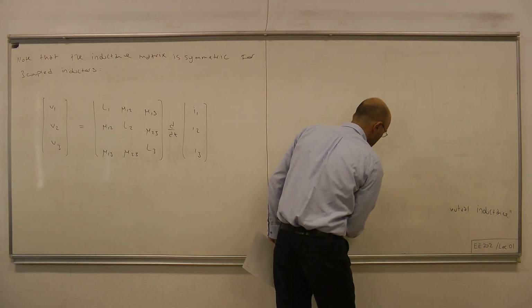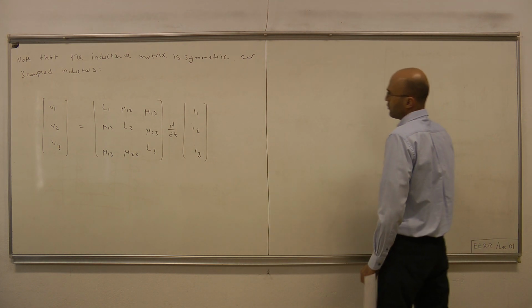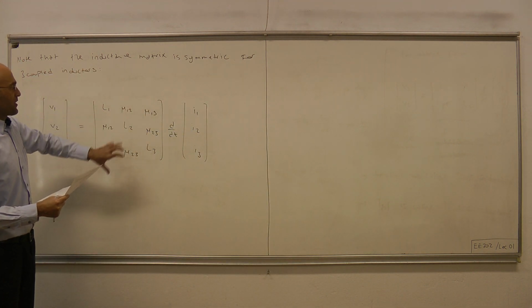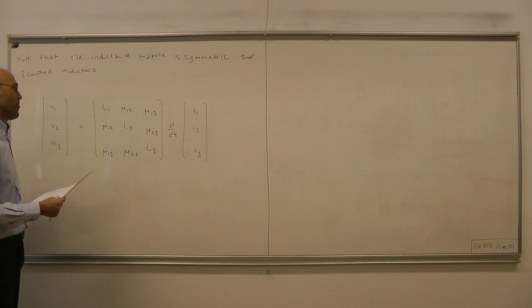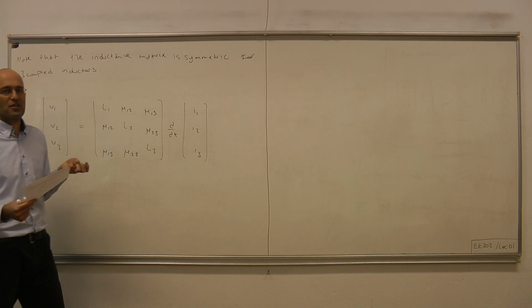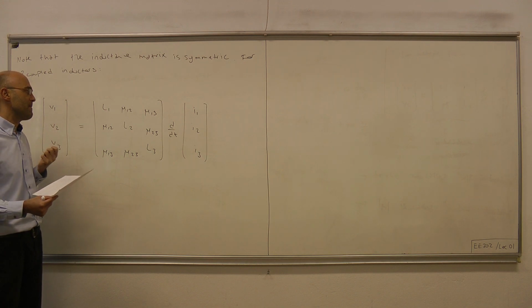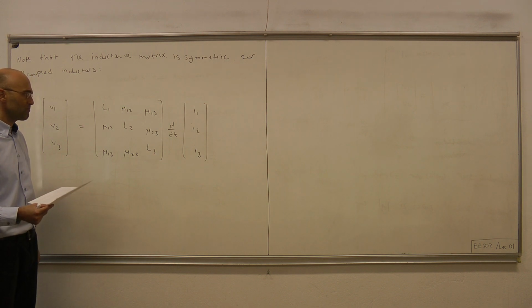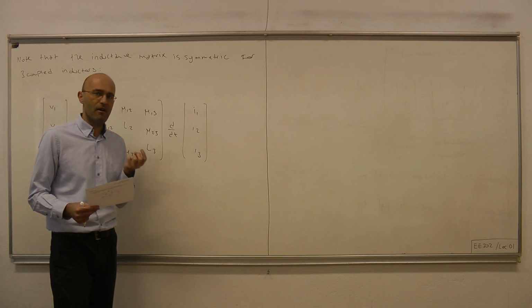How about the signs of the off-diagonal terms, namely mutual inductances as they appear in the matrix? To determine that sign, it depends on the orientation of the currents in the actual physical device.